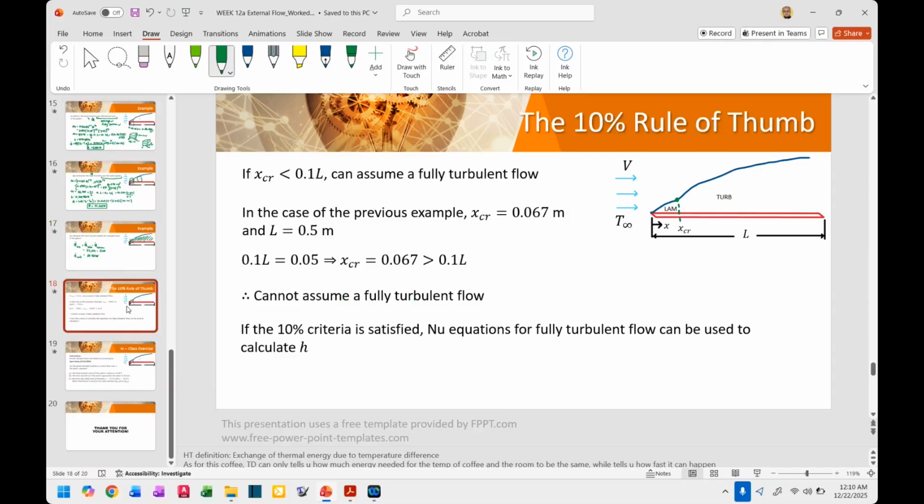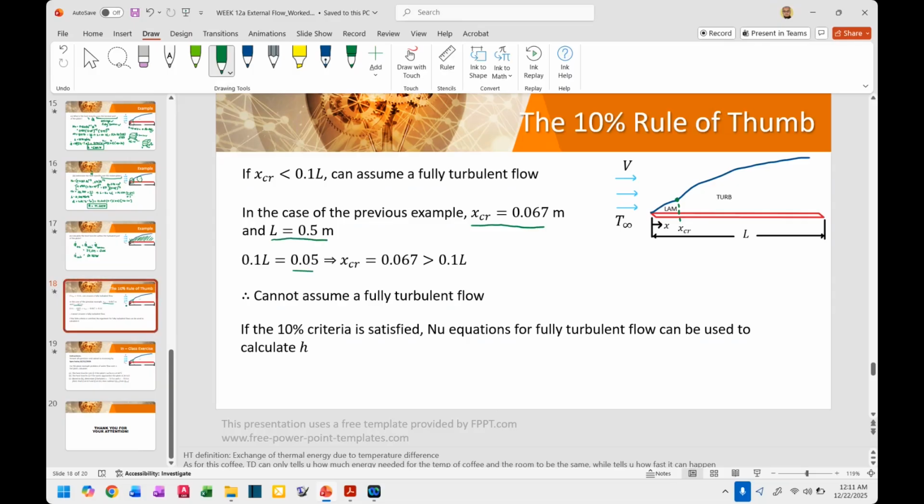If the critical distance is less than 10% of the total distance, then we can assume fully turbulent flow. Just now we had the critical length as 0.067, and in our case the entire length is 0.5. We take 10% from that, you will get 0.05, right?